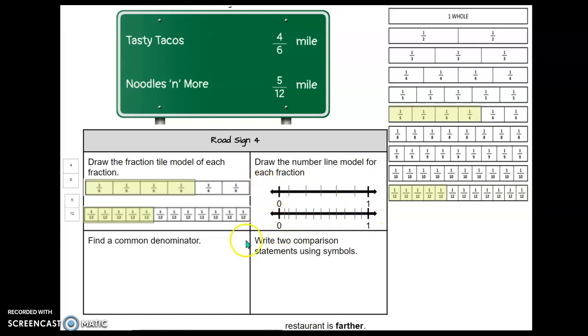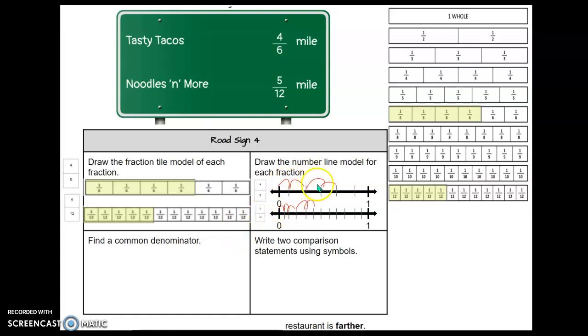And I'm going to actually draw in my humps on the number line. So I have 1 hump, so that's 1/6, 2/6, 3/6, and finally 4/6, and I'm going to label it. And then I'm going to do my 12ths, 1/12, 2/12, 3/12, 4/12, 5/12, and I'm going to label it.